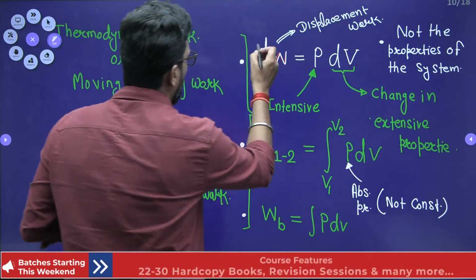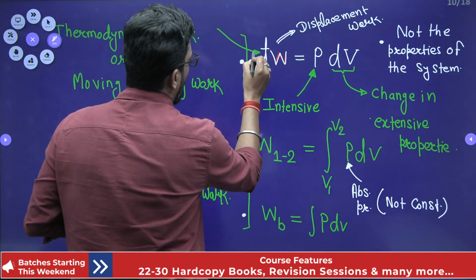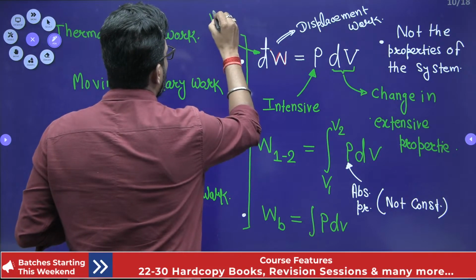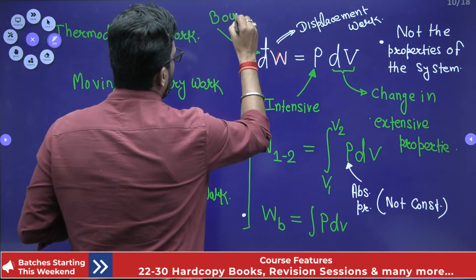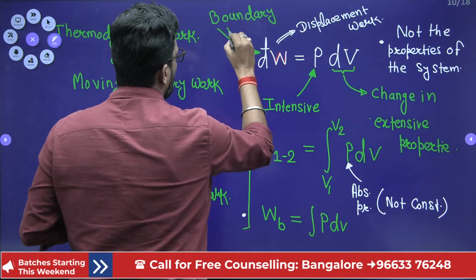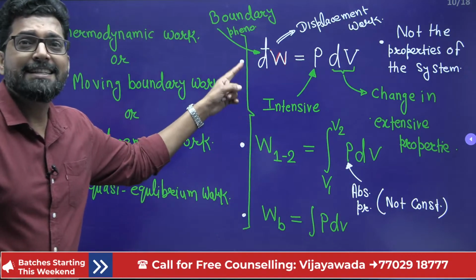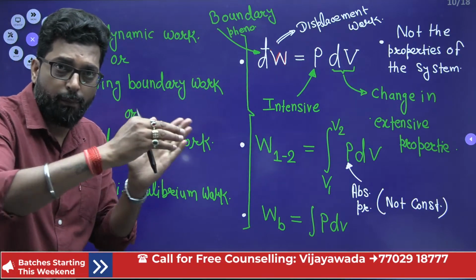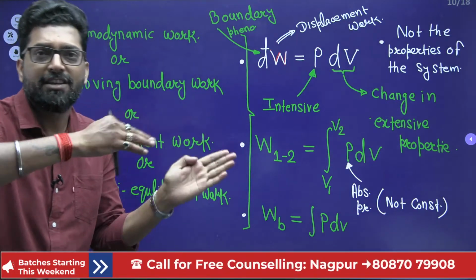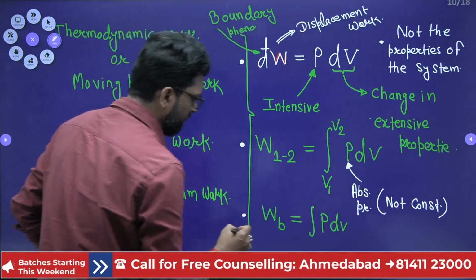That means this work is the boundary phenomena. That means it is in transient, energy in transient. That means it should cross the boundary. That means this is your path function.